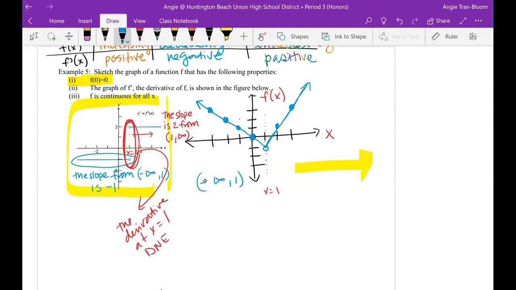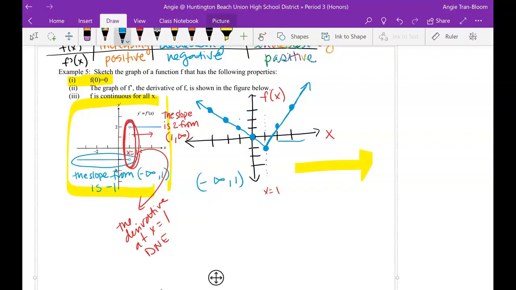So, all right, the slope does not exist at x equals 1 because, look, there's a hole. But your condition said that f has to be continuous, okay? So what that means is I need to fill this in. It's filled in, yet the slope does not exist at x equals 1. How come the slope does not exist?